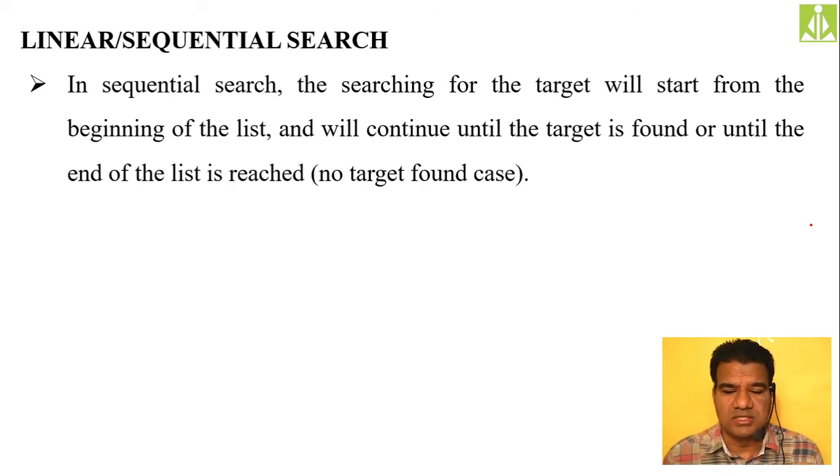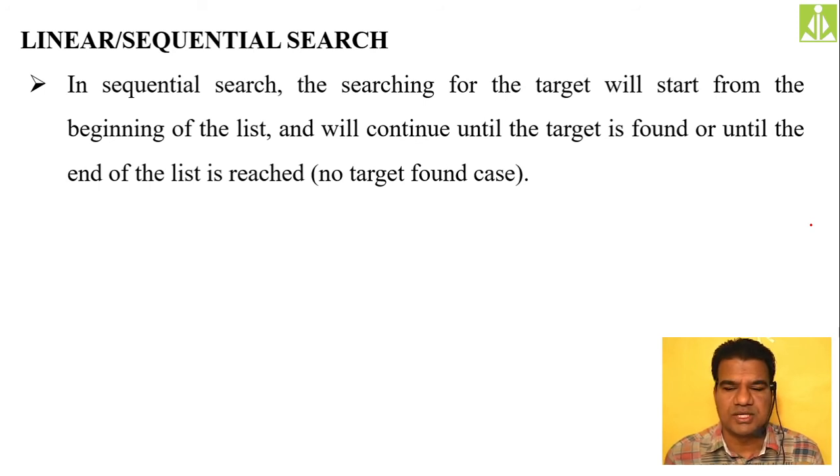We compare the target with each and every element in the list from the leftmost element, and continue until the target is found. If the target is found, there we stop the searching process.